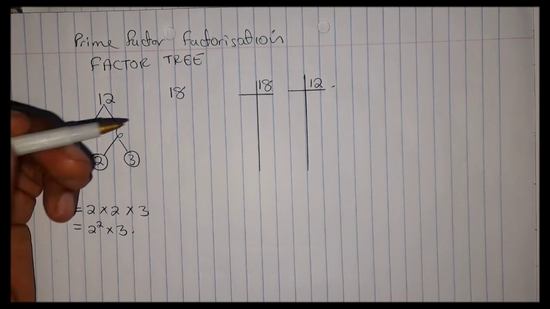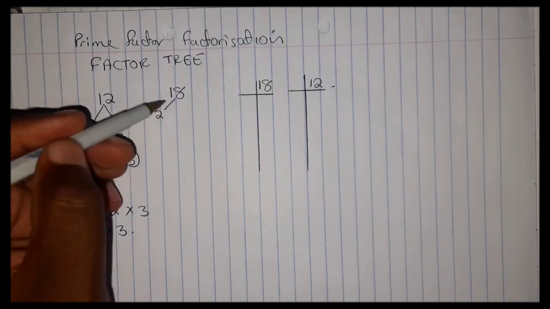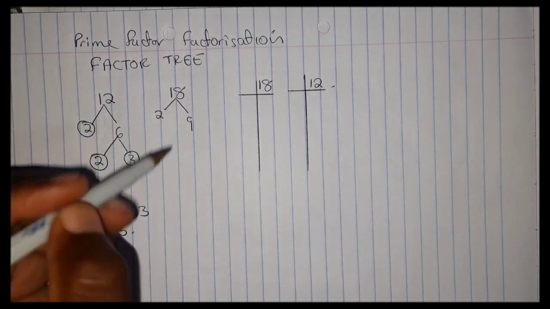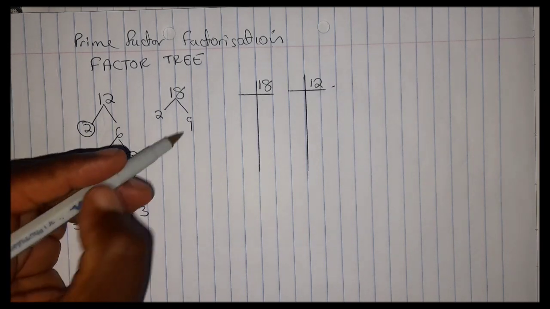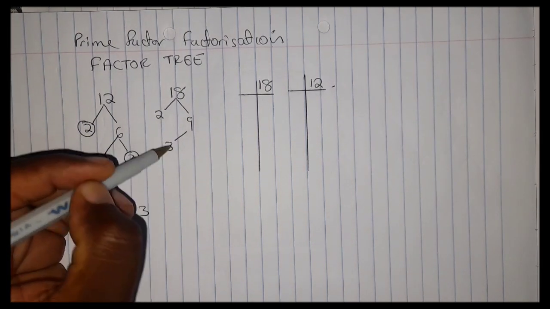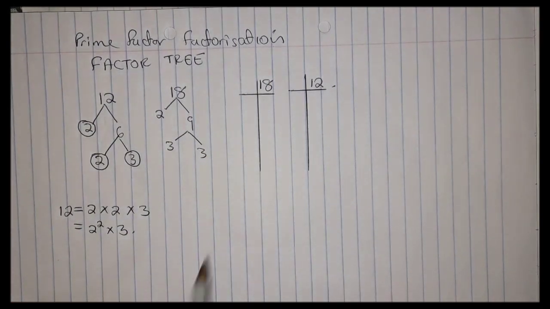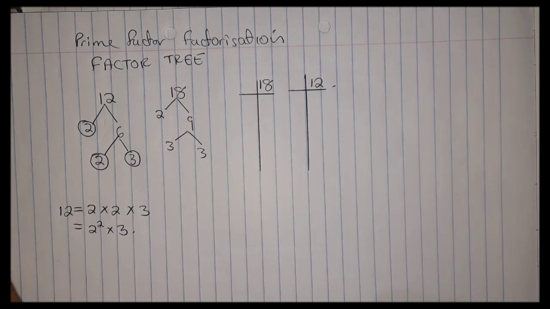And then let's go to 18. Let's start with 2 because 2 can get into 18. 2 into 18 is 9. And 2 can no longer get into 9, but 3 can. We can try 3. 3 goes into 9 3 times, and the last one is now a prime number as well, so we can stop there.